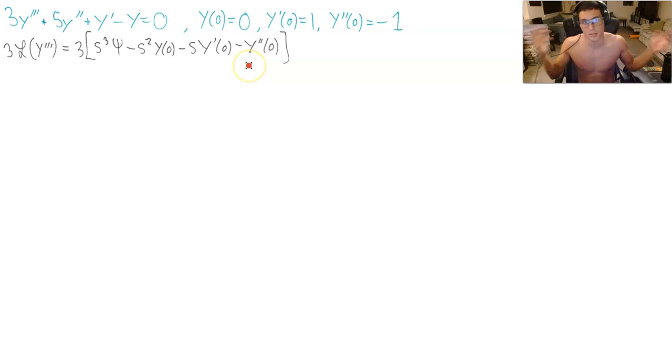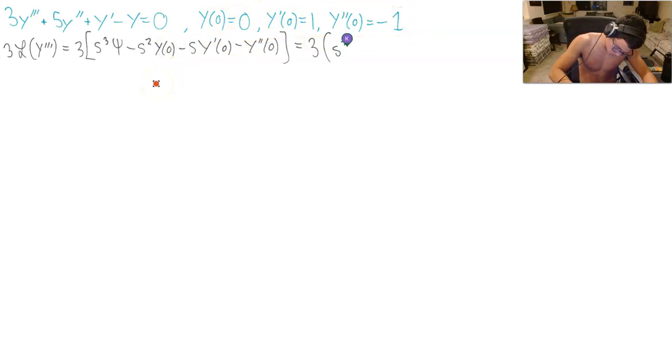So the general idea is you look for things in your sheet. So this is going to be 3. Then now we're going to fill in these with this stuff. Okay, so it's s cubed, big Y stays the same, minus s squared. Now what is y of 0? Y of 0 is 0. So we can erase that s squared. So this whole thing will just be 0.